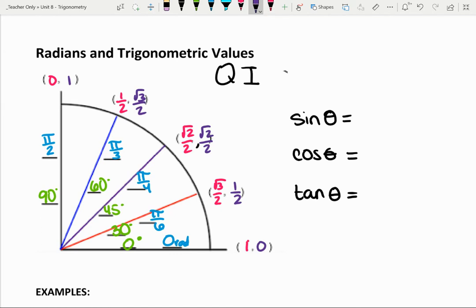Our sine of any angle is equal to the y coordinate of that coordinate point. The cosine is equal to the x coordinate.